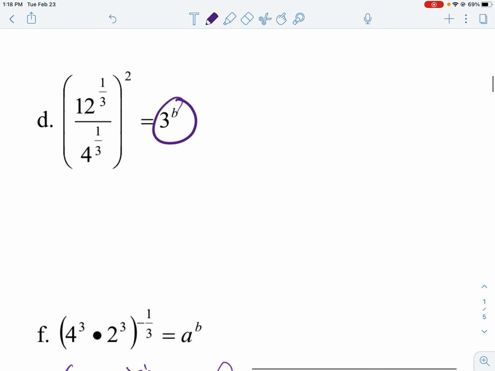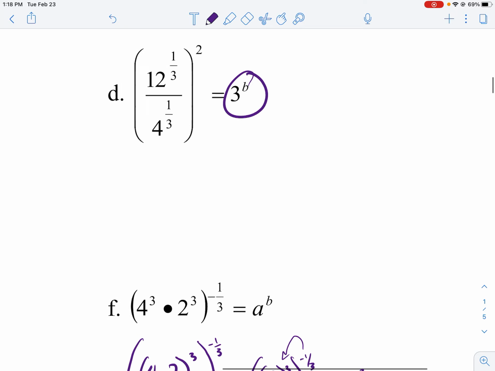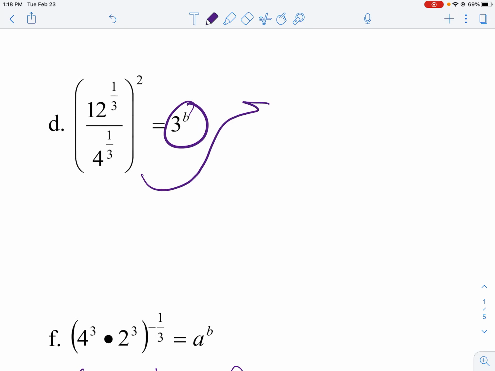And then finally, letter D, going back to these, we're going to use that same concept, taking this 12 over 4 and recognizing that it's both being raised to the 1/3 power. I'm using that distribution over division property of our exponents. I kind of just took that 1/3 back.